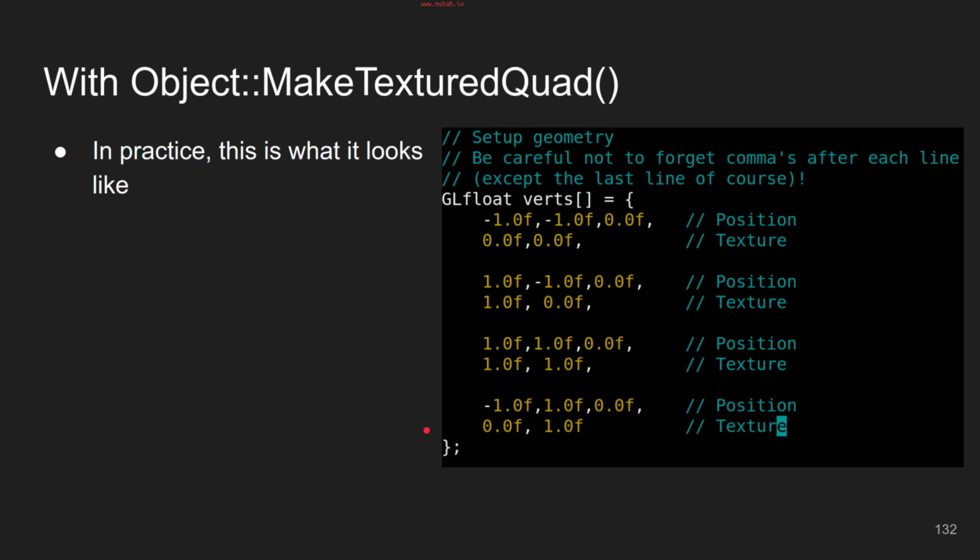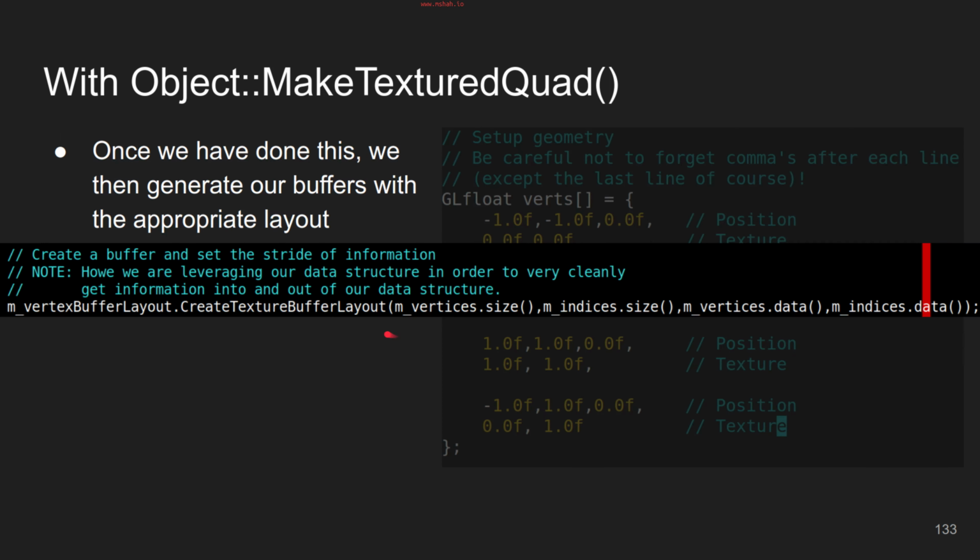All right. So in practice, this is what it looks like. This is what you're going to have to implement in a function called make texture quad to add the texture coordinates. I'm going to zoom by it and you can reflect on it. And then you're going to have this create texture buffer layout, and it's just going to take in whatever the vertices that you have, the indices, vertices data.